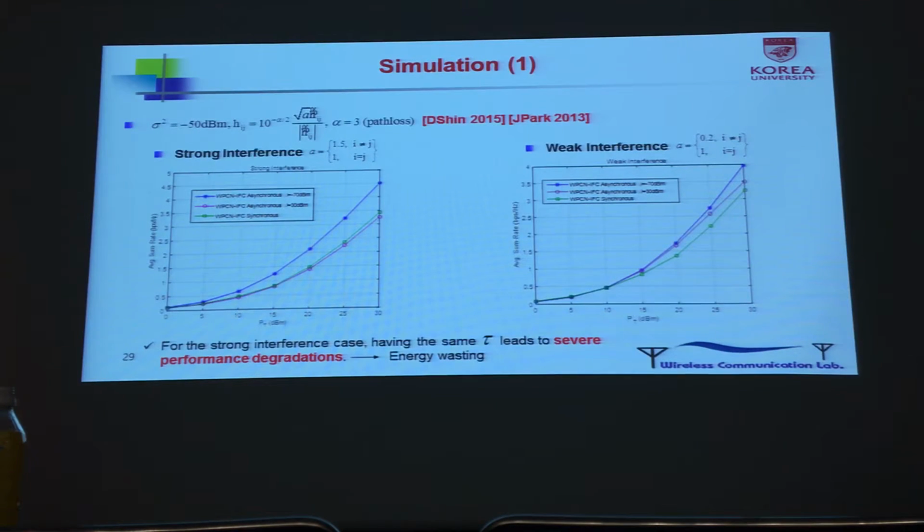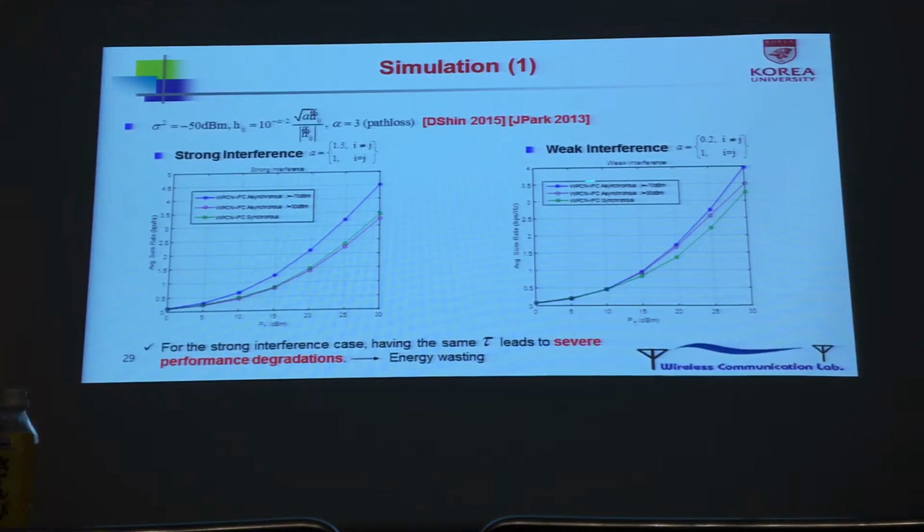I'll explain the simulation results. Maybe there are a few equations that are broken, but I divided it into two different cases: the strong interference case and the weak interference case.